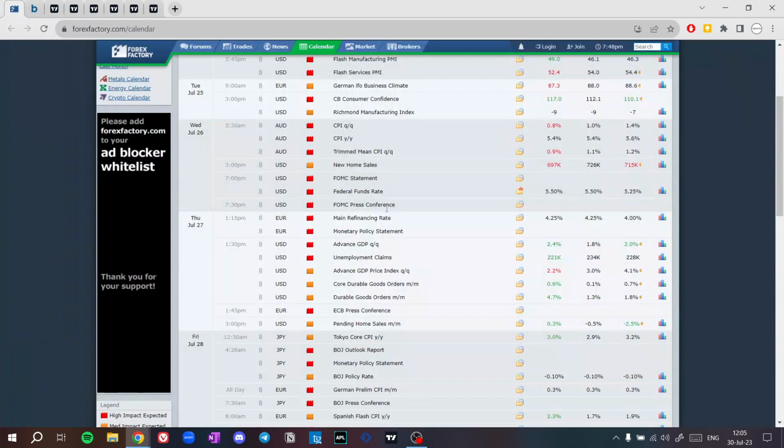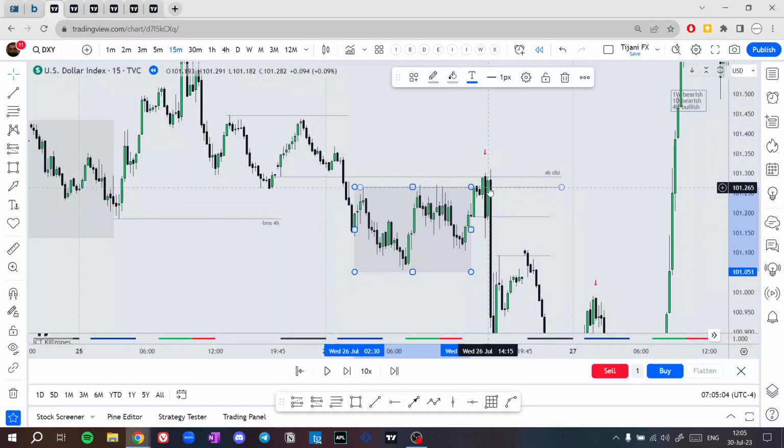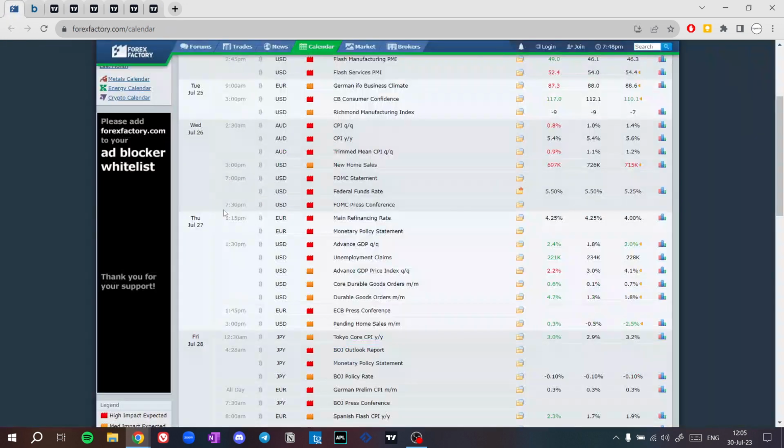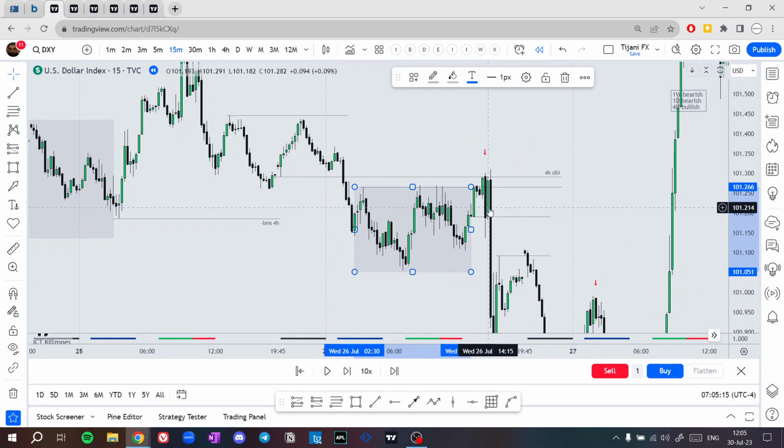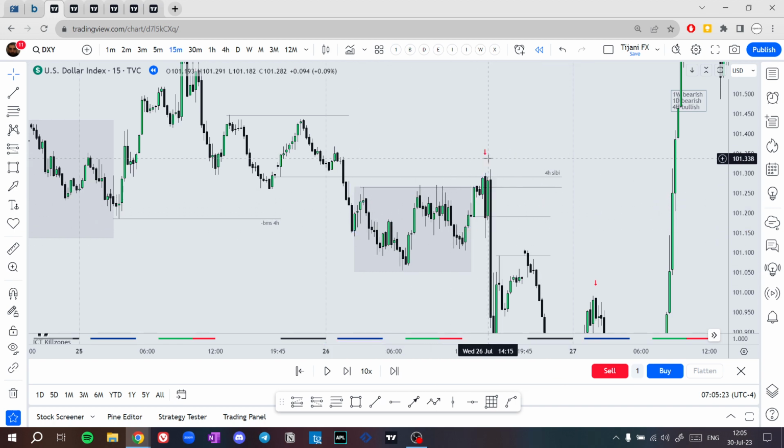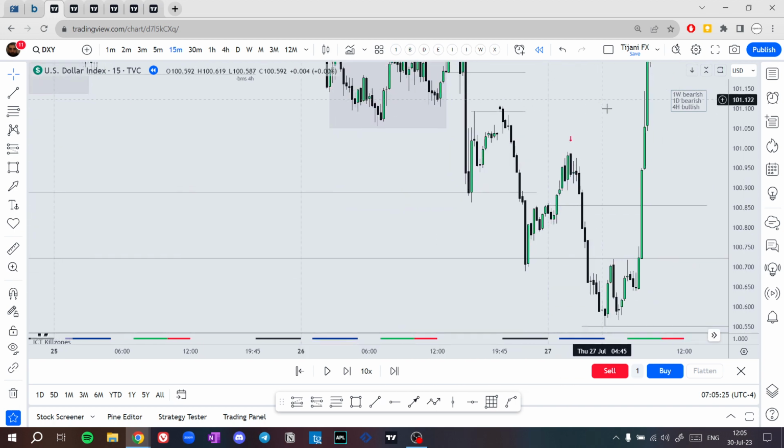Okay, my mistake. Give me a second. 7 p.m. is my time, so it was at 2:30 p.m. New York time. So we have accumulation, manipulation, then price distributes lower.